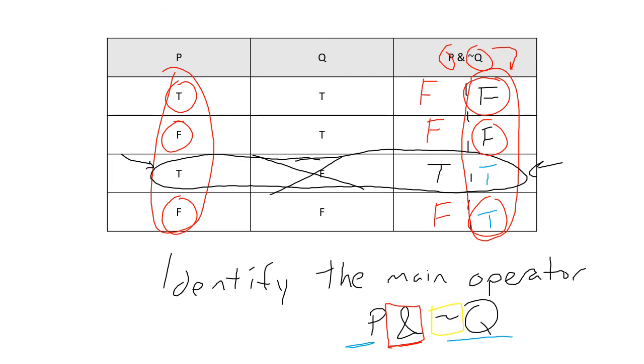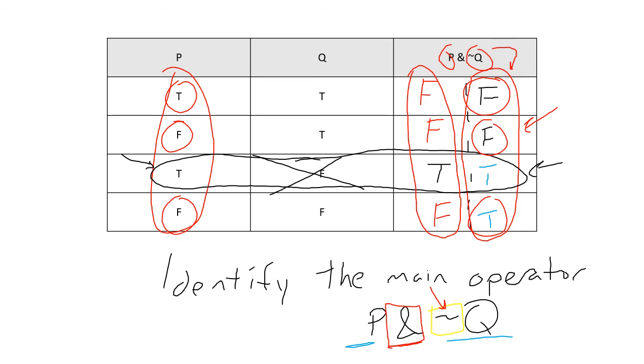So again, what we're doing is we have to do the lesser operator, the smallest. We have to work from smallest to biggest, the smallest one being the tilde here. So that's why we had to do this column first. And then we use this column and the P in our key to determine the actual value of the sentence, which is right here.